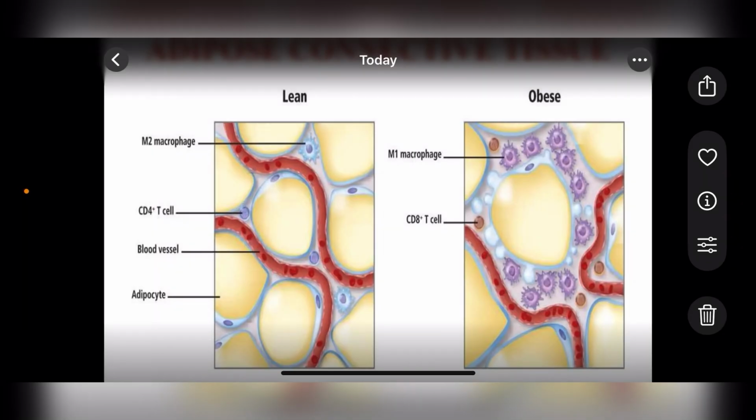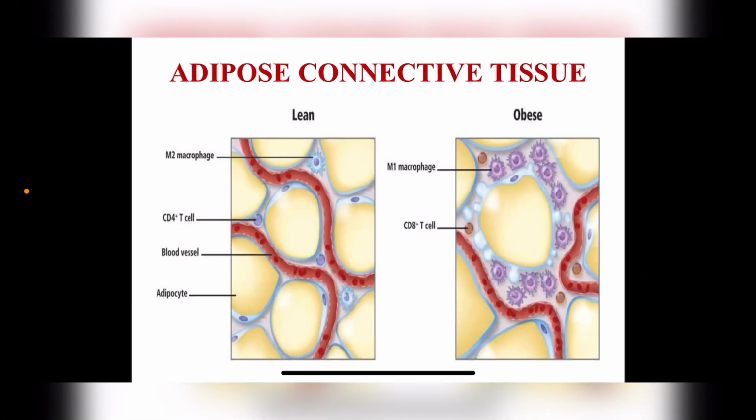Here we can see the adipose connective tissue diagram in lean patients as well as obese patients. Here we can also recognize the differences between these two categories.